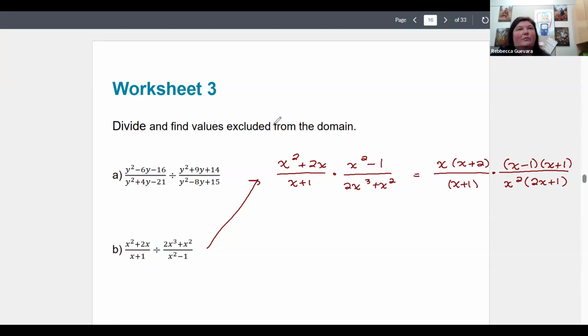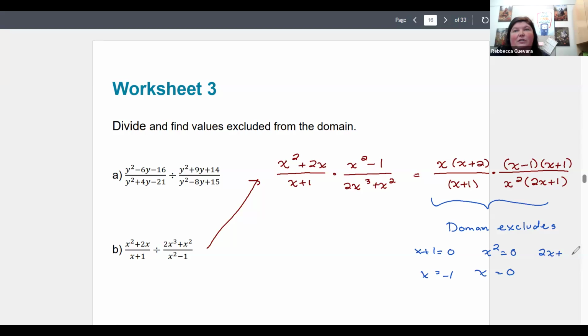Okay, so here we're looking for the domain. Domain is going to exclude, so x plus 1, if that is 0, that means that x had to be -1, so that gets excluded. X squared equals 0. That only happens if x is in fact 0.